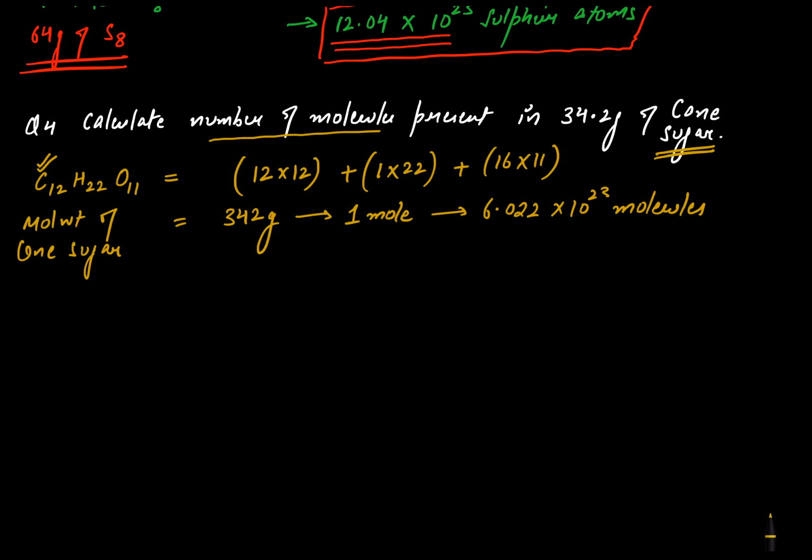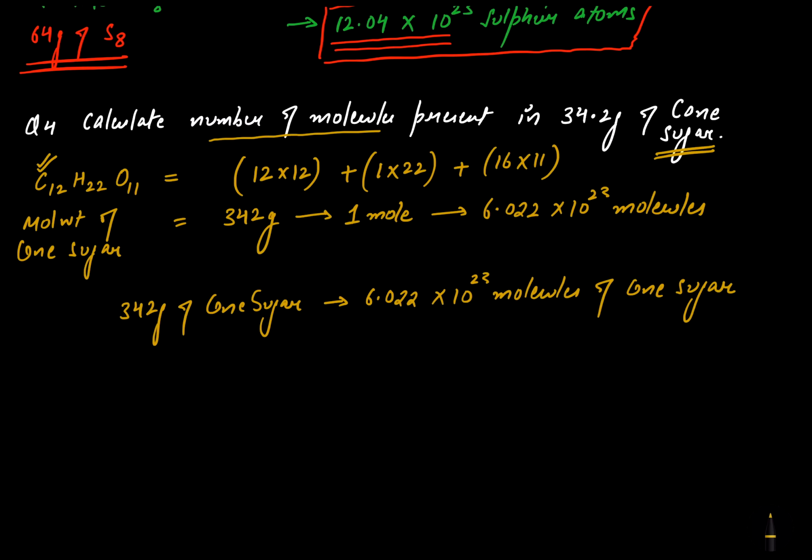So obviously 342 gram of cane sugar will have 6.022 into 10 raised to the power 23 molecules of cane sugar.